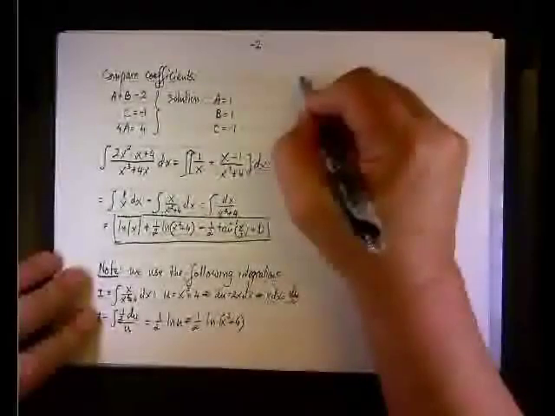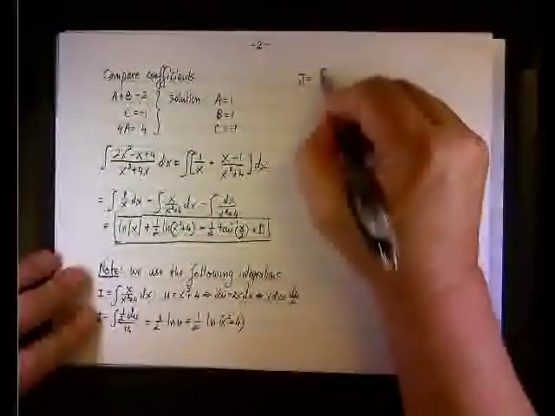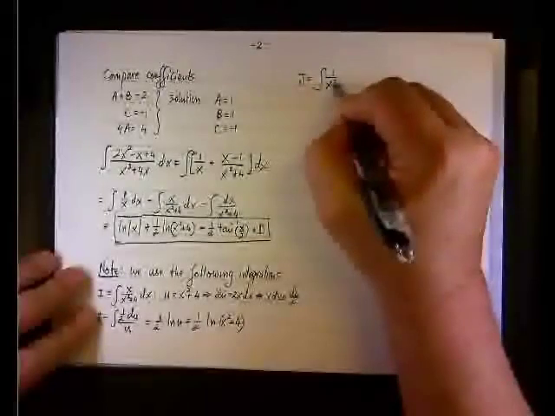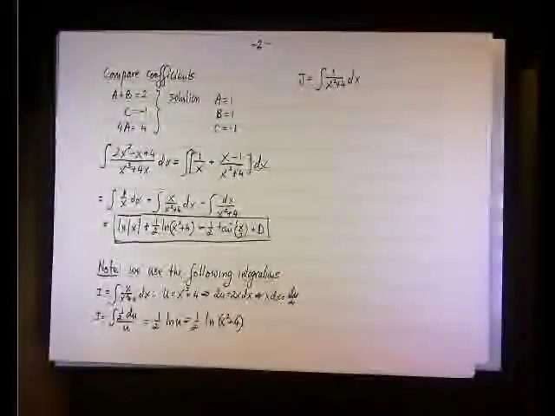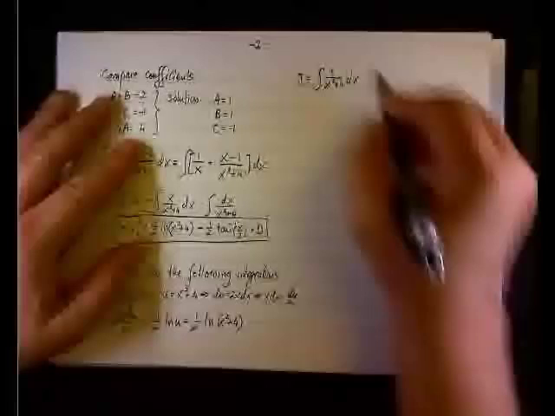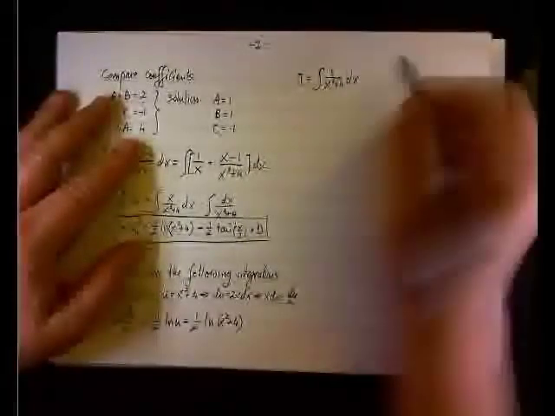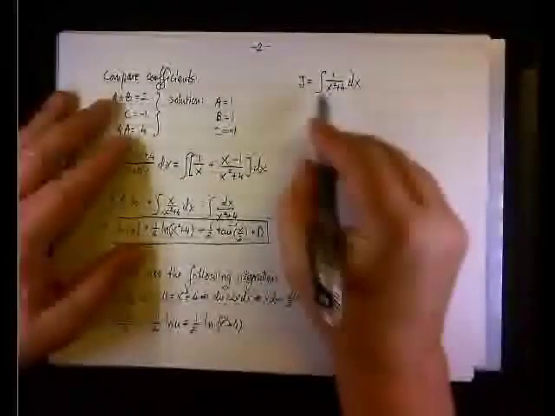The second integral, J: we're going to say J is the integral of 1 over x squared plus 4 dx. Here I'm going to do a little bit more work. I want to show you something that will work in general.